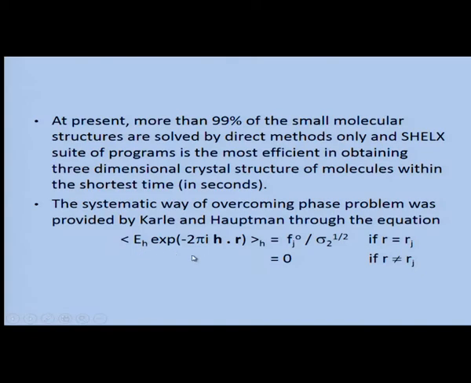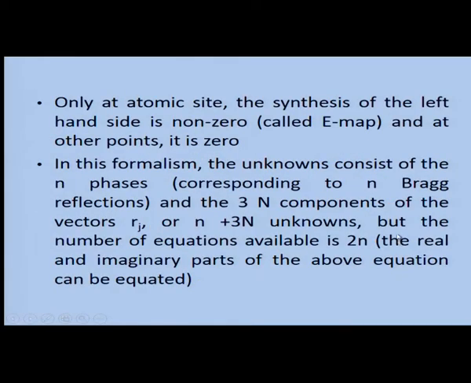Only at atomic sites will this map, called the E map, show non-vanishing values, and at other places it will be 0. So, this E map shows peaks only at atomic sites. Those are the non-zero values, and at other, non-atomic points it will be 0.